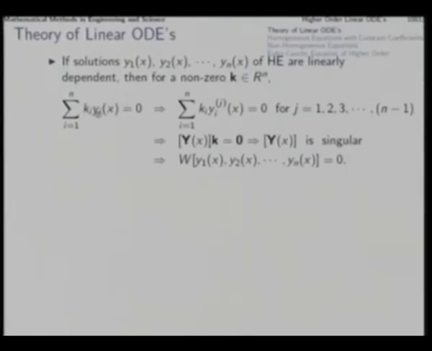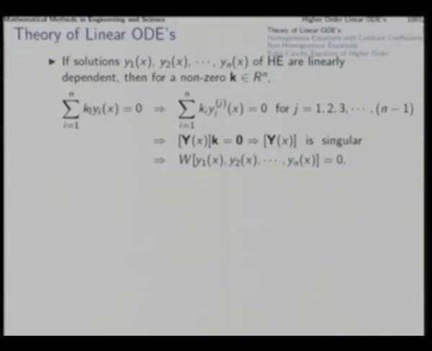That is, we can have a linear combination of the n solutions equal to 0, even though each contribution is not individually 0. That is, for a set of k's, k1, k2, k3 up to kn, not all 0 together, we can find a linear combination of these y's which turns out to be 0 if they are linearly dependent.